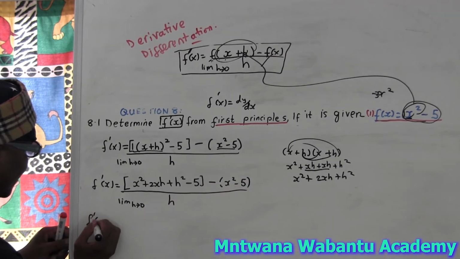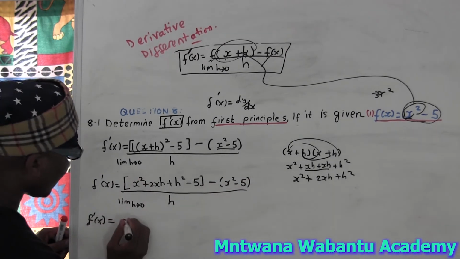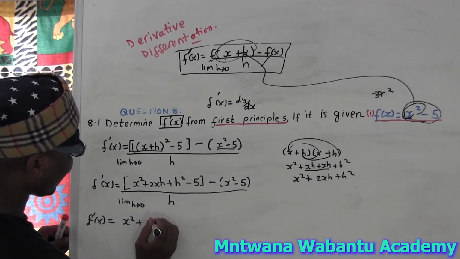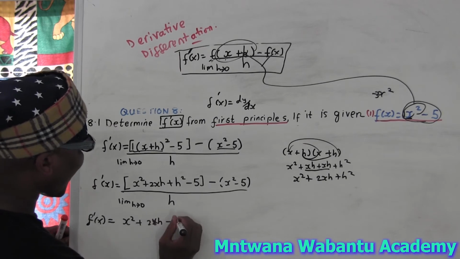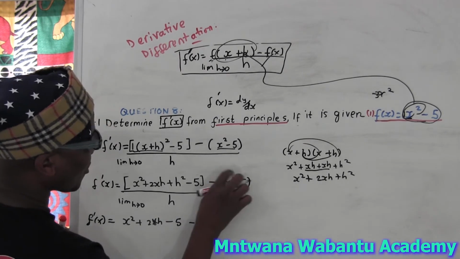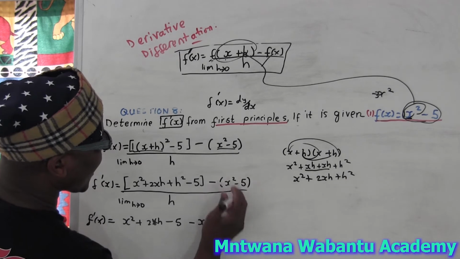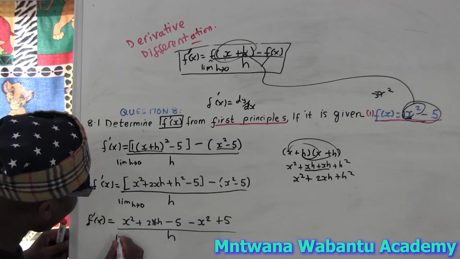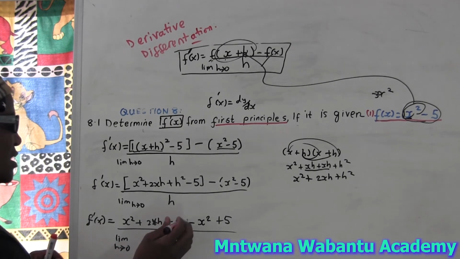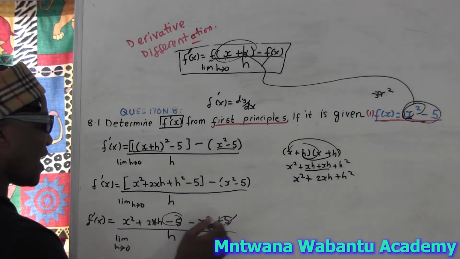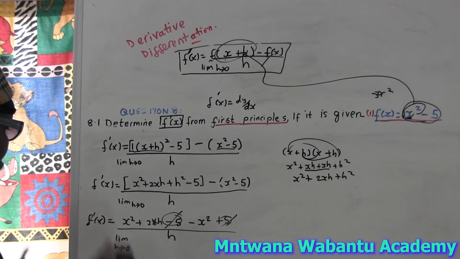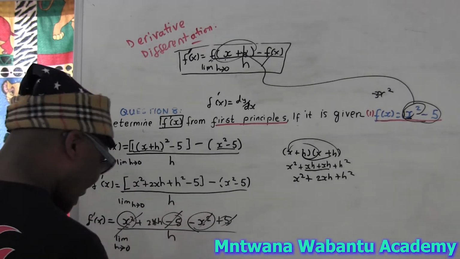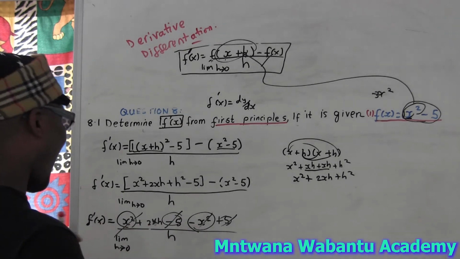F prime equal to x squared, which means I want to open the bracket, plus 2xh minus 5. And this will be minus x squared plus 5. So look, something's going to cancel here, right? You've got your h, limit h approaches 0. Look, negative 5 and positive 5 cancel. Positive x squared and this also cancel. Okay, so I'm left with 2xh over h.